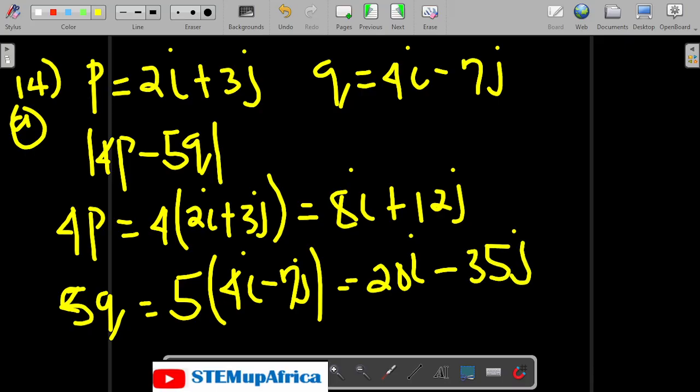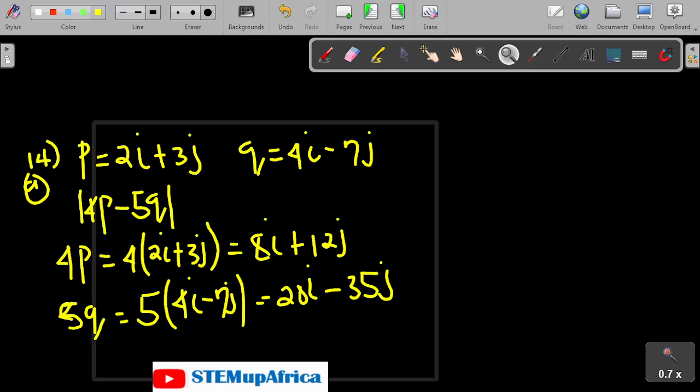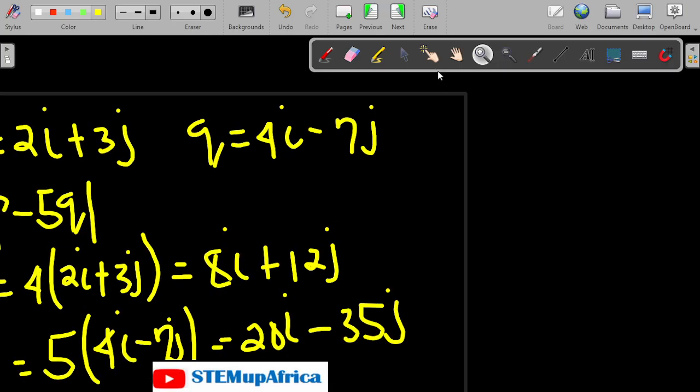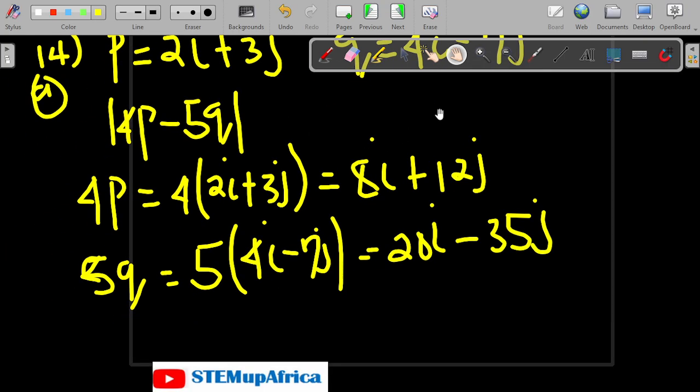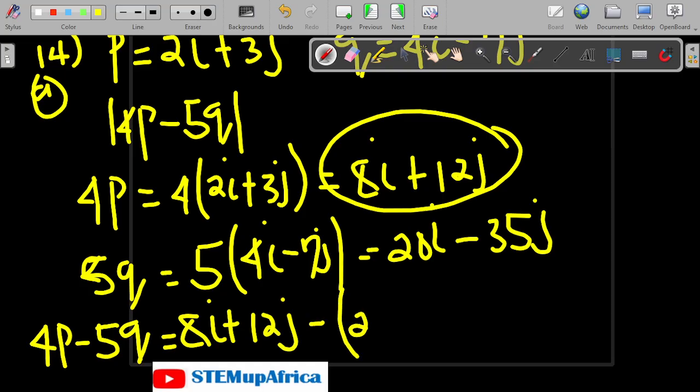Don't forget we're having 4p minus 5q. So 4p minus 5q now will be the value of 4p, which is 8i plus 12j, minus 20i minus 35j in brackets, as you know why I'm putting it in bracket, because of the negative value.